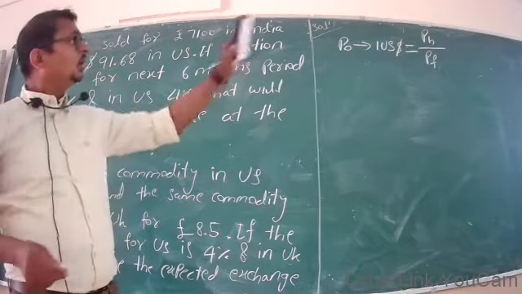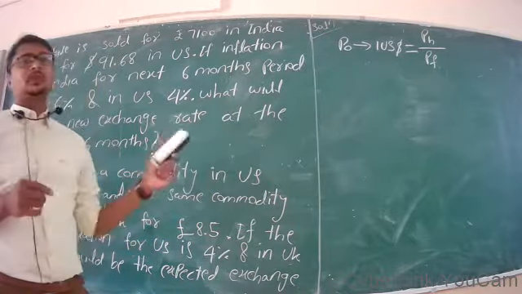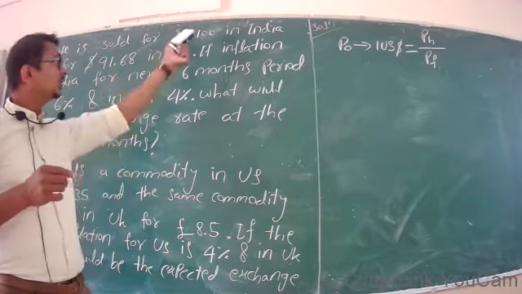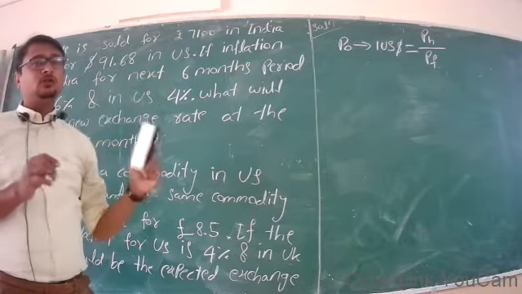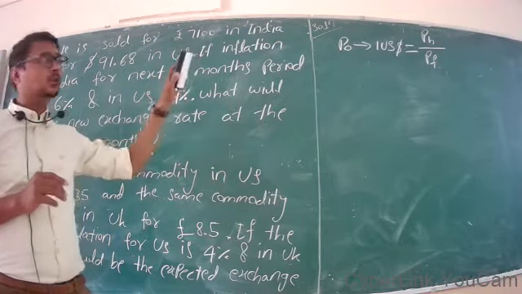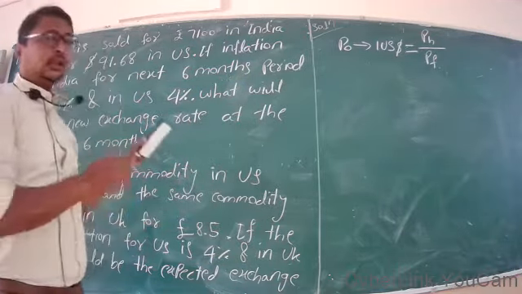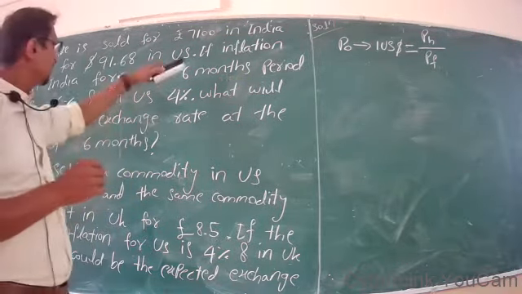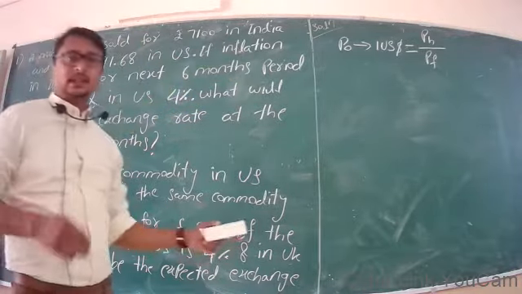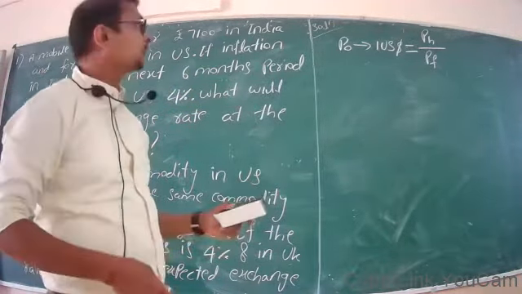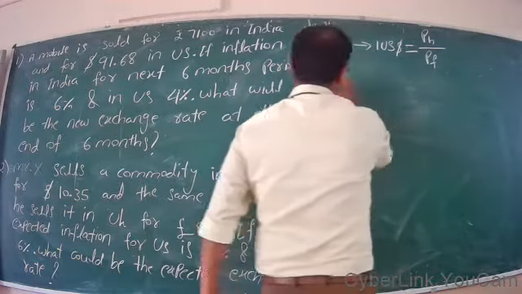We have a commonly used underlying commodity, the mobile phone. The price of that mobile phone in India is 7,100, that is PH, the price in the home country. In the given problem India is given, so we take the rupee as the home currency and India as the home country.